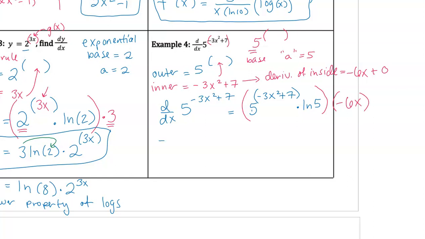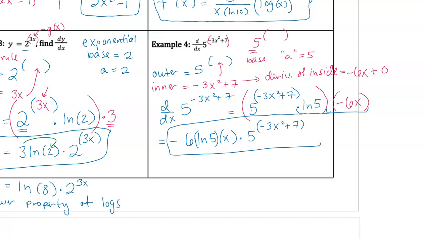And so again, I would write my final answer. I typically would move all of this stuff to the front. So negative 6, maybe I can think of it as the constants first. So negative 6 times ln of 5, and then times x. So all of that is a constant times x. And then that is all being multiplied to 5 to the power of negative 3x squared plus 7.